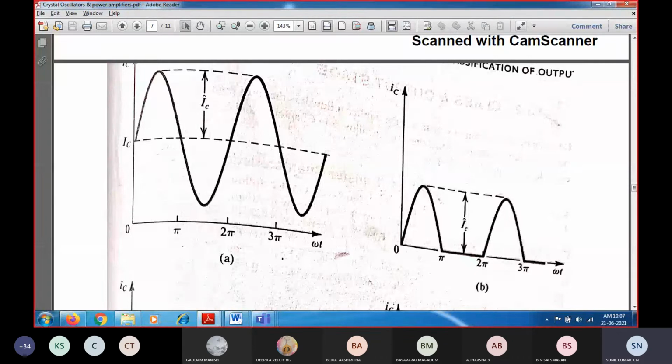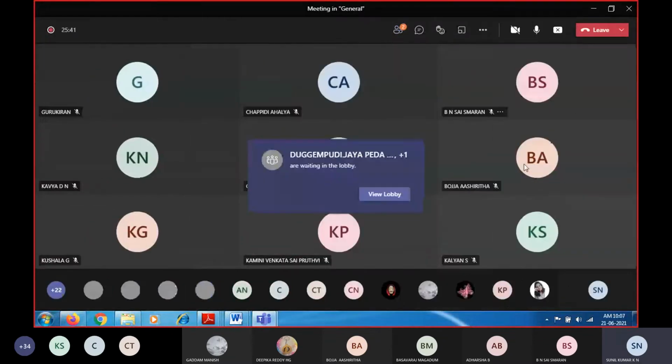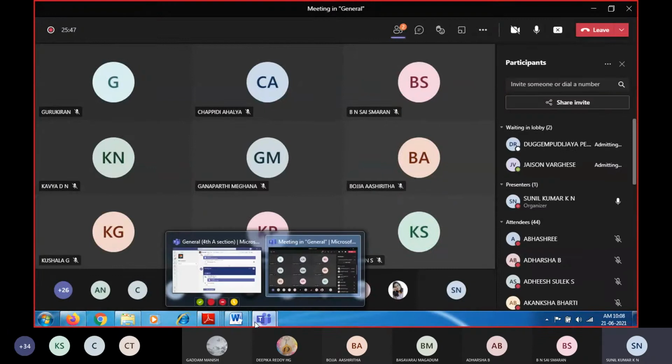So when we are discussing Class A amplifier characteristics, how has the classification been done? The classification is based upon the operating angle.